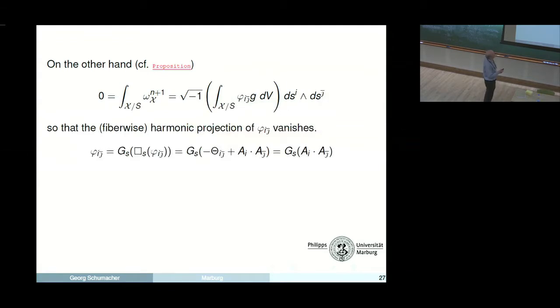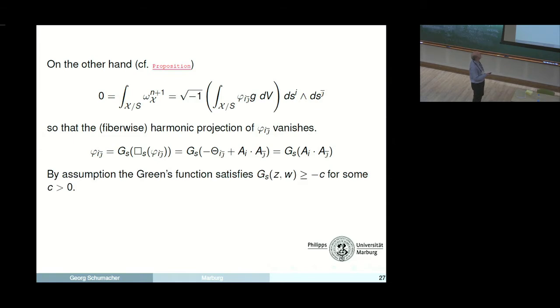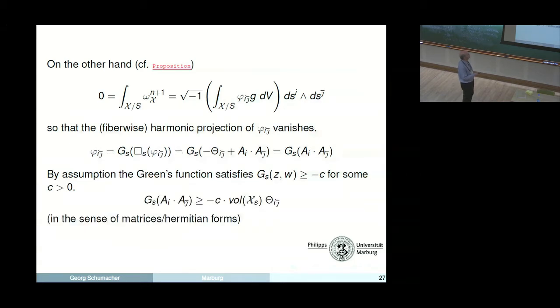Then we should take into account that this depends only on S. So in terms fiber-wise, this is a constant which can be disregarded, and we are here. By assumption, the Green's function satisfies such a condition, and it's bounded from below.